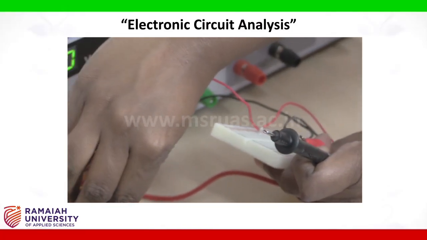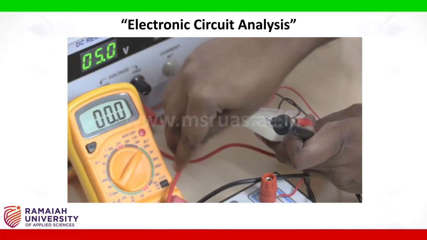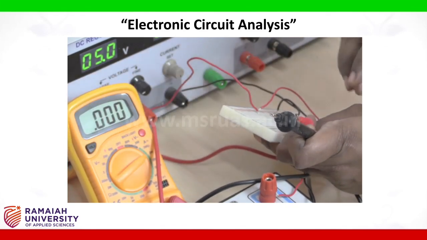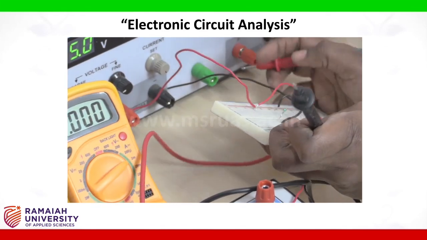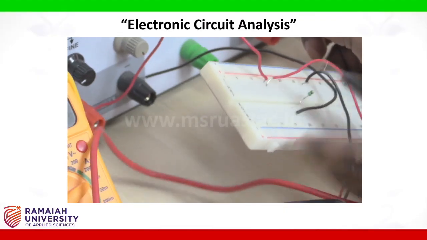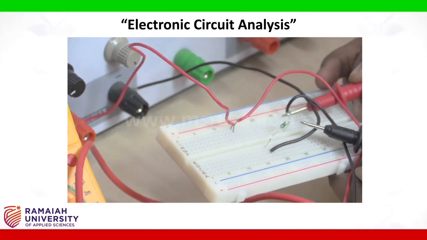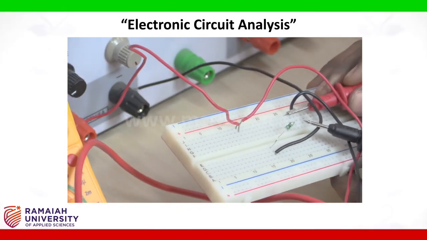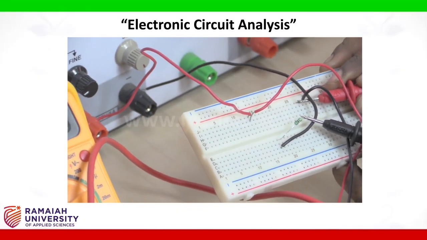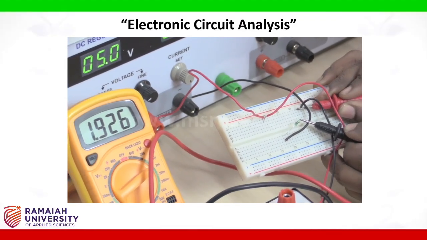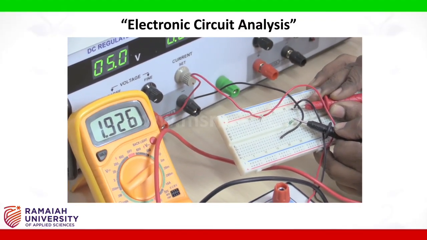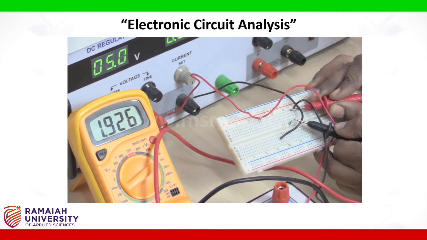Change the knob to 2 milliamps and measure the current in the load. The ammeter shows 1.926 milliamps.